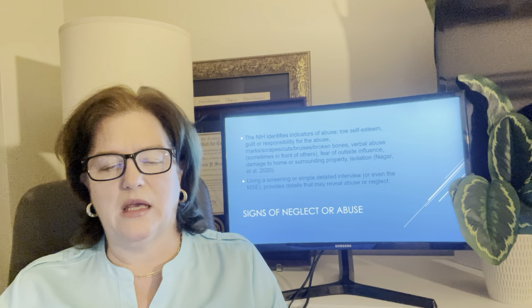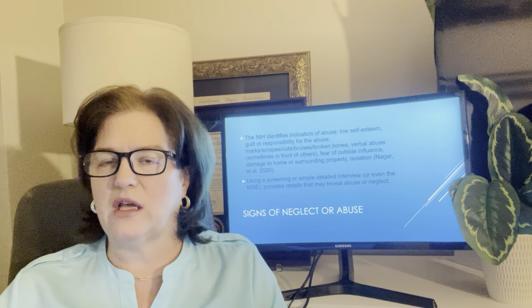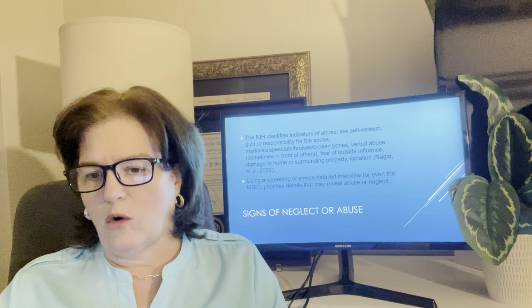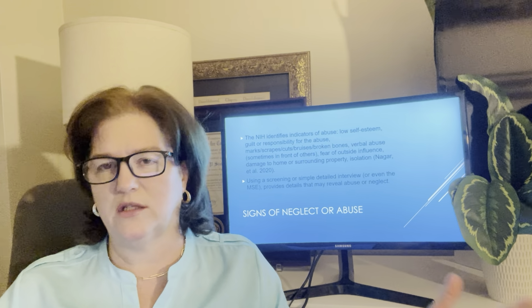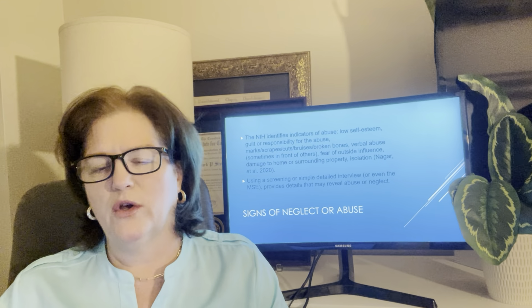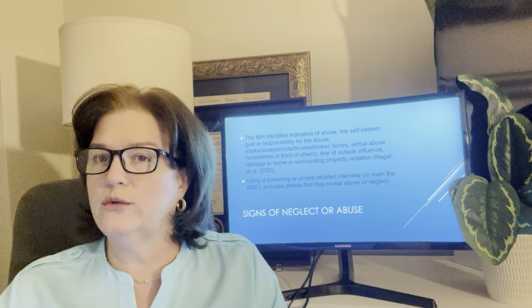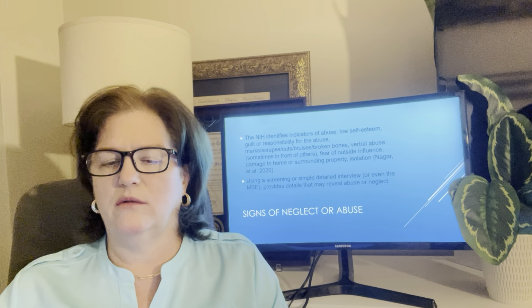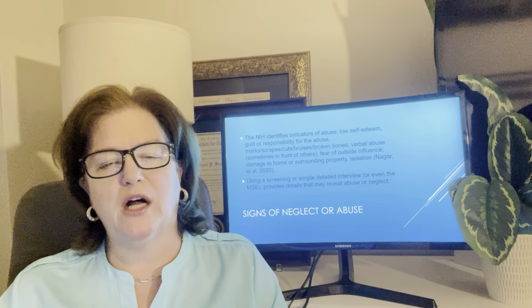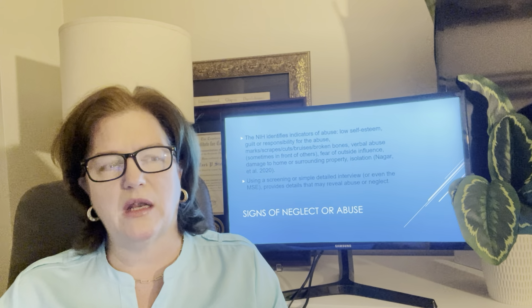If someone is not hygienic, if they have not bathed or washed, or they're missing something essential, let's say it's cold out but they don't have a coat, or they're a child without shoes, or signs of malnourishment or dehydration. There are very obvious and outward signs.